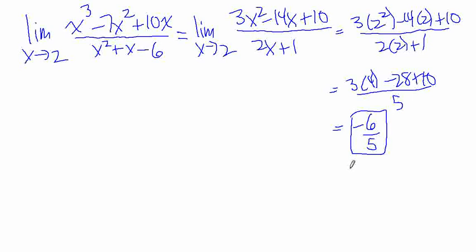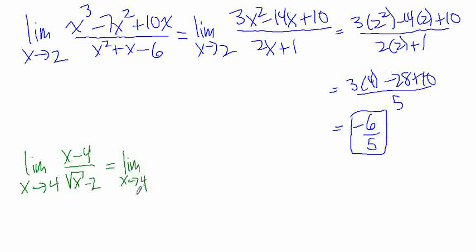And then lastly, let's do one more example. The limit as x approaches 4 of x minus 4 over square root of x minus 2. Once again, do a quick check to make sure you've got weirdness. So plugging in 4, yes, you have a 0 over 0 situation. Taking the derivative of the top, 1.